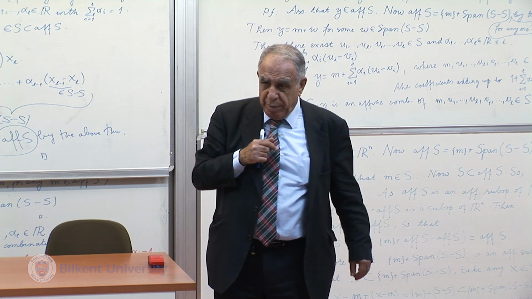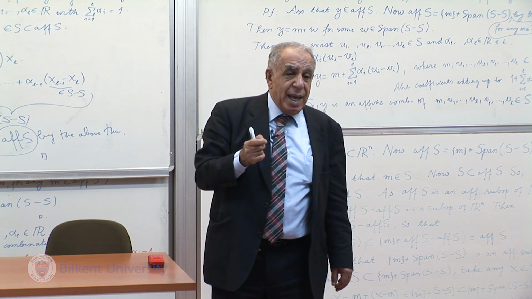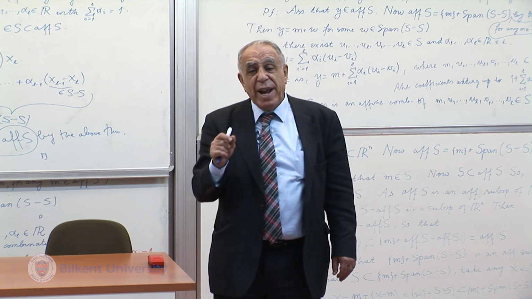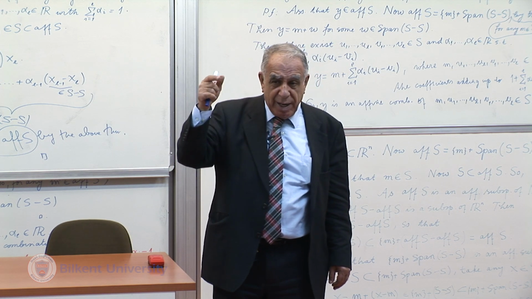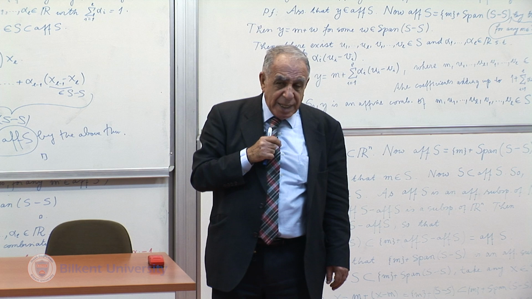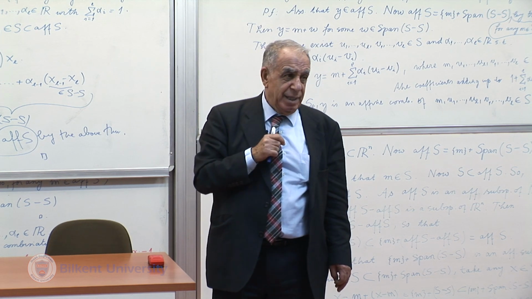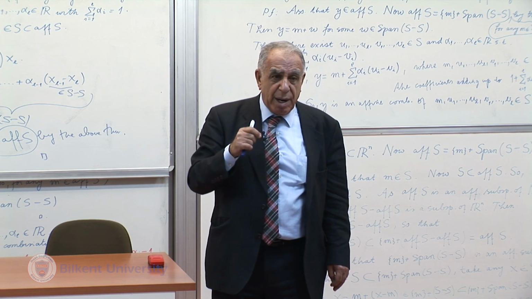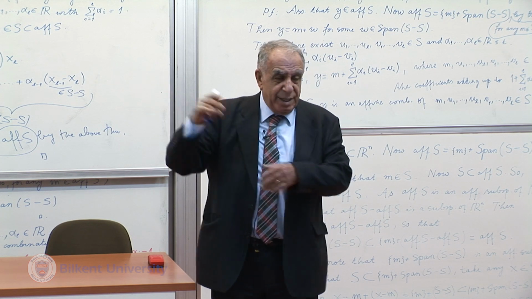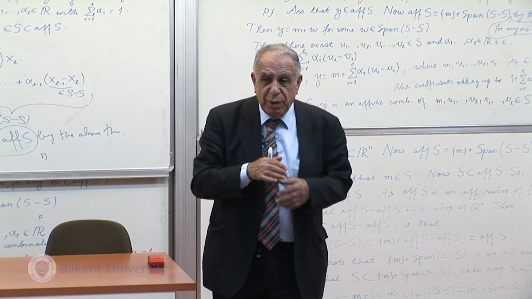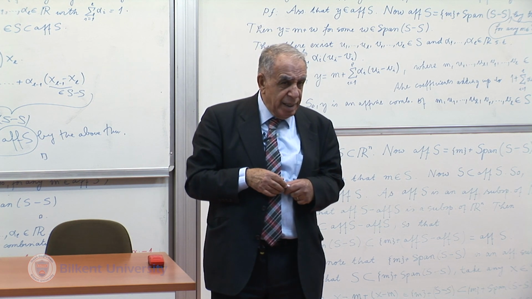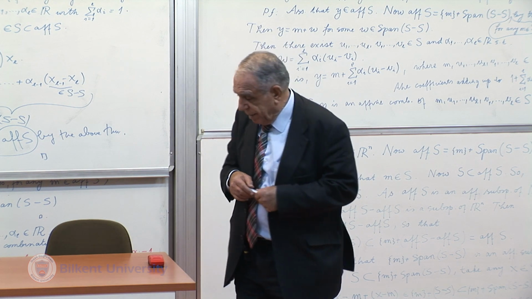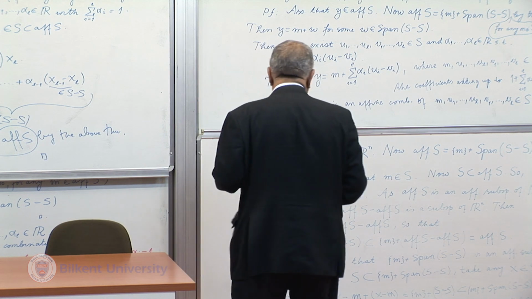Now, what we expect is that n minus 1 dimensional affine subspaces of Rn are expected to possess that separating property in Rn. So we will refer to such affine subspaces as hyperplanes in Rn. Let me first define that.